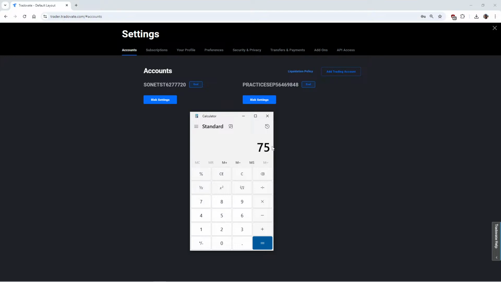So 75 divided by 5 is 15 points. 75 divided by 10 is 7.5 points. 75 divided by 15, that's 5 points. 75 divided by 20, that's 3.75 points for 4 MES. So I really have just one MES that I can trade, and just slowly try to bring the trade size back up.